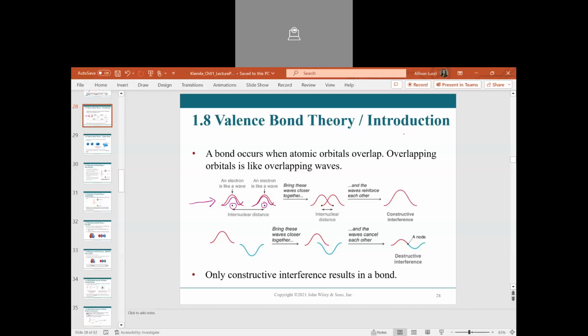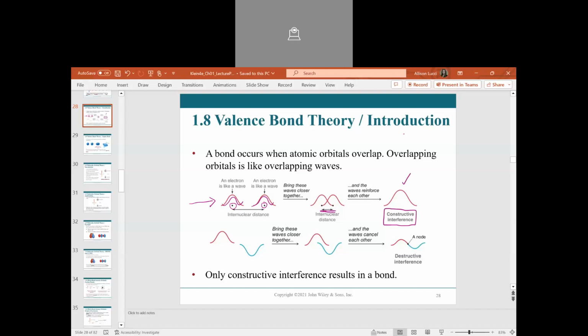We bring these waves closer together. The internuclear distance, the distance between the two nuclei of our atoms, gets closer. Then eventually, if certain conditions arise, we can find constructive interference and a bond would form.